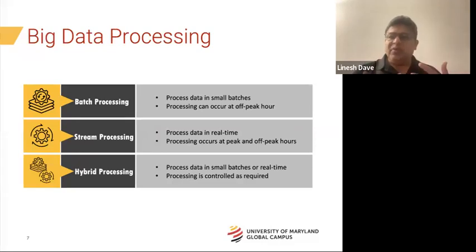Then there has to be a way to embed or have both these come together, right? Batch and stream. And how do we do that, right? So hybrid processing does not lead to a newer tool or technology, but newer architectures of how you would apply batch and stream. How would you mesh these two different types of processing together?